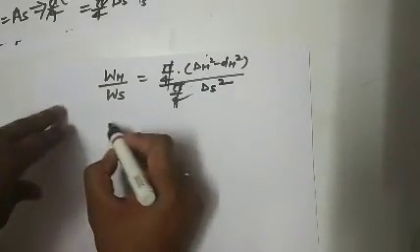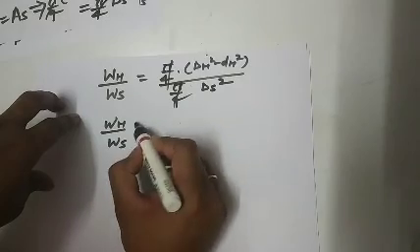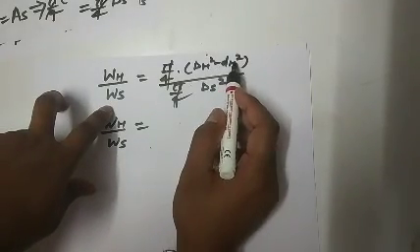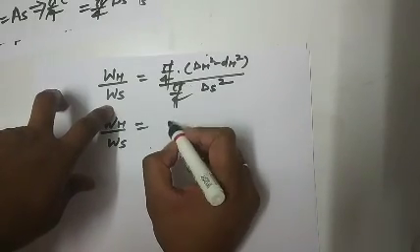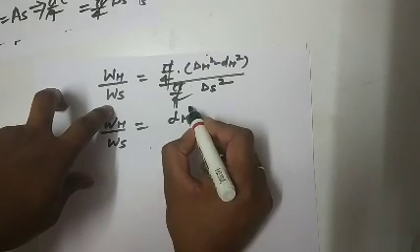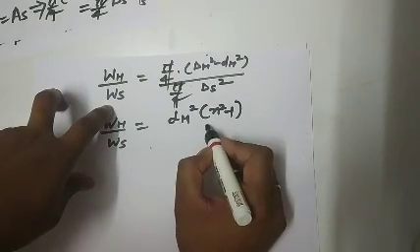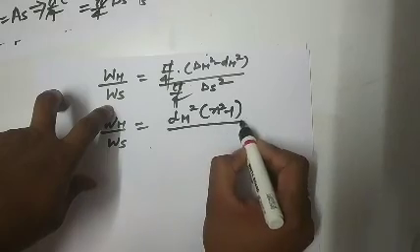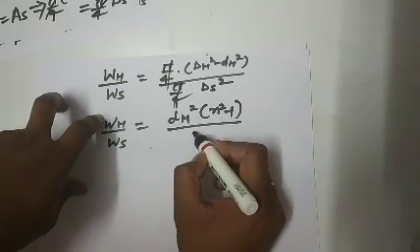They will be cancelled out, or finally it can be in the form of, if we take Dh square out of this expression, then what will be the equation? Dh square (n square minus 1) upon Ds square.